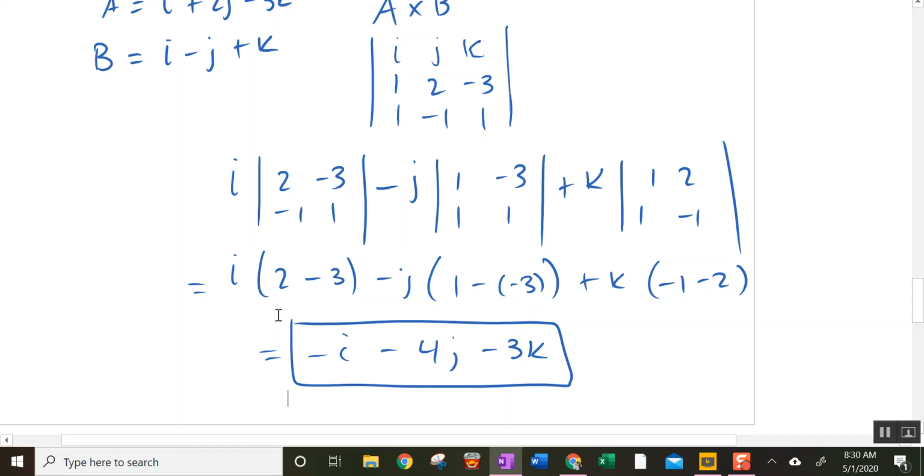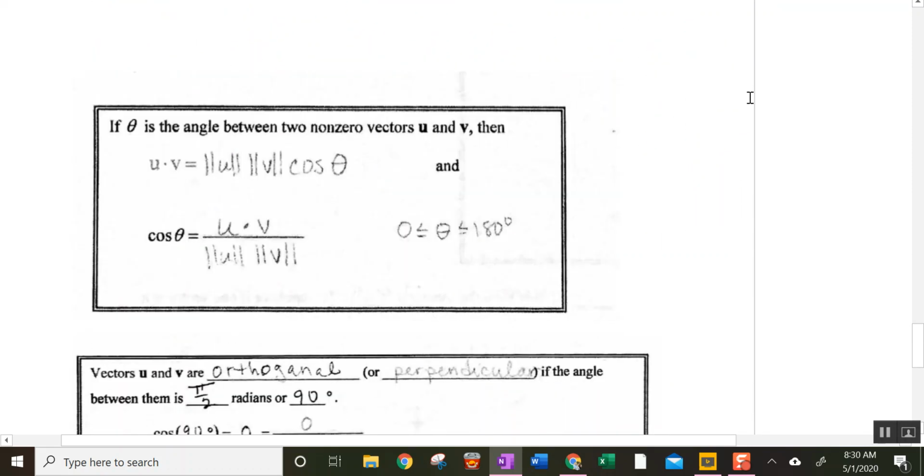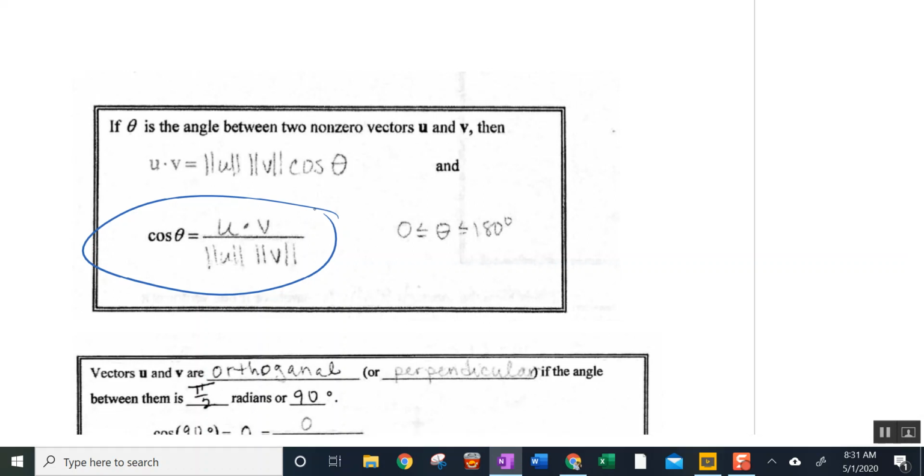That is the cross product of these two vectors. Last thing I just want to mention to you, there is a formula for the angle between two vectors. It looks like this. If you have two vectors, we'll call it u and v. The angle between them is given by this formula here, where the cosine of the angle between them is u dot v, a dot product, over the product of the two magnitudes.